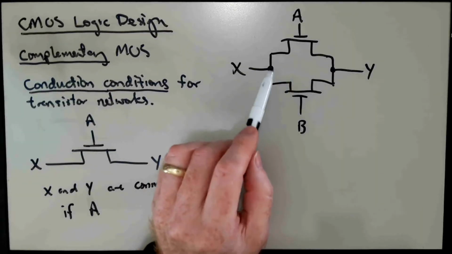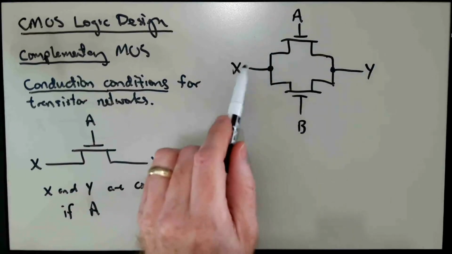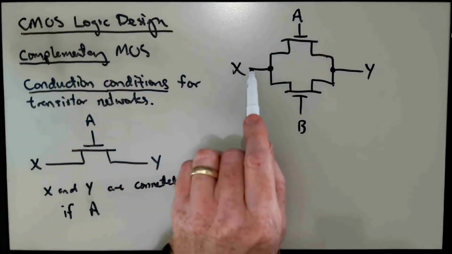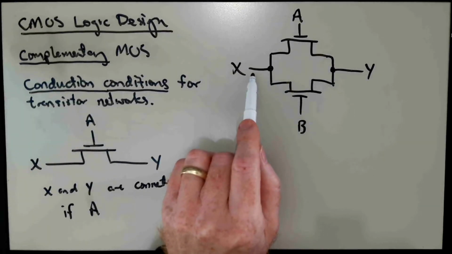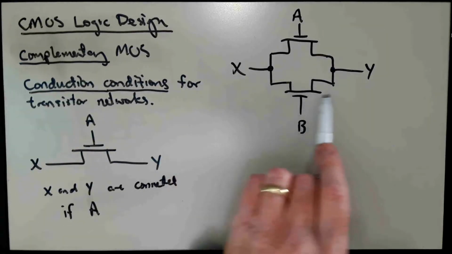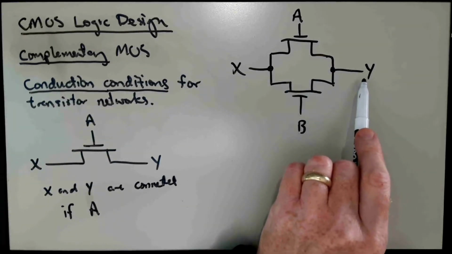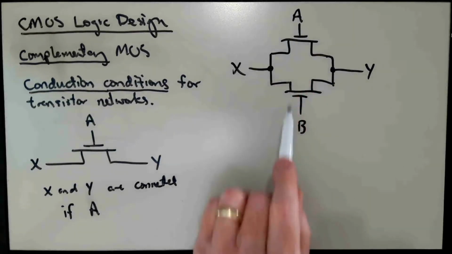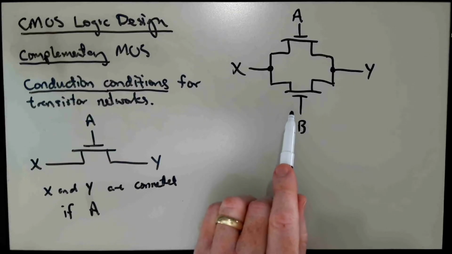Well, if A is high, then clearly I'll have a conducting path through the top. Alternatively, if B is high, I'll have a conducting path through the B transistor. And if both of these are on, then I will have a conducting path that's even a little bit stronger than if only one of the two are on.